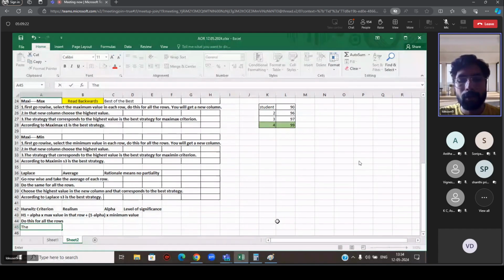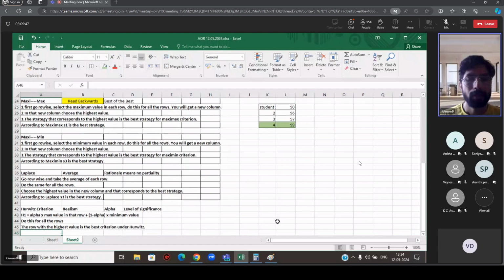The row with the highest value is the best criterion under Hurwitz. Okay, right? Now one more thing.